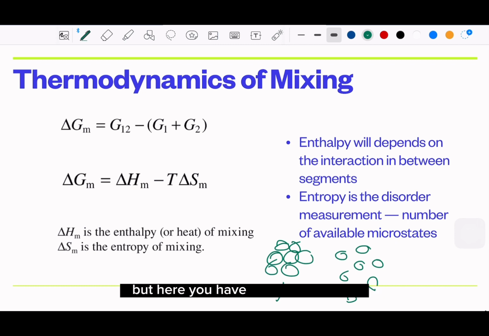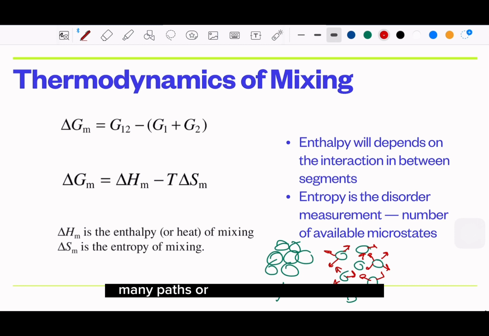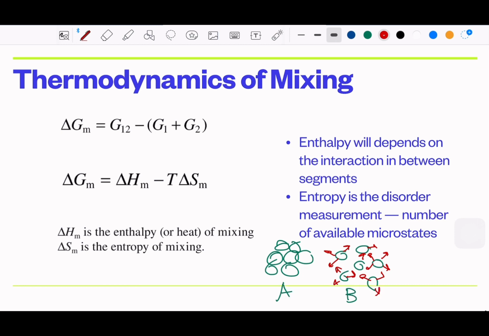But here you have free spaces, so you can see that it can move like that, right? In terms of entropy, this has higher entropy, because it can have many paths, or in our words in chemistry, states. It has many states.